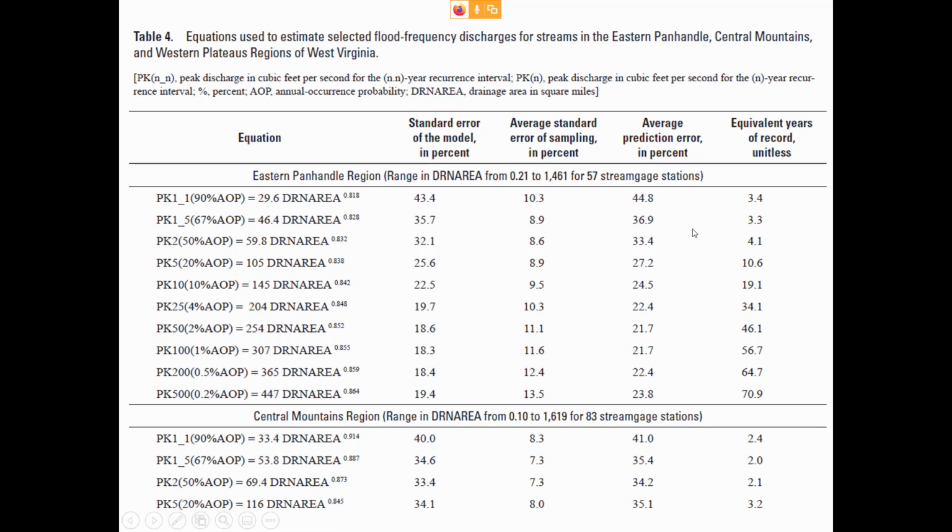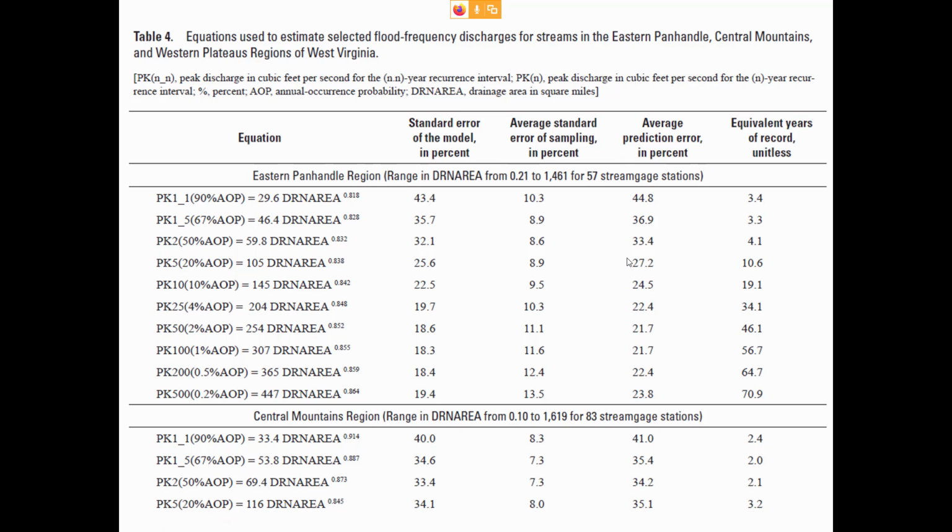And I mean, these errors aren't great. If you're trying to predict the 5-year storm, what this is saying is that in general, the average error for using this approach is going to be 27%. So you could be overestimating by 27% or underestimating by 27%.